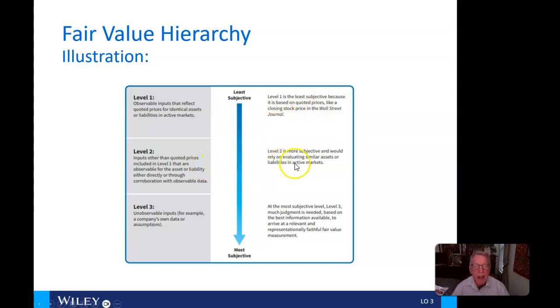Sometimes we don't have that, so we have to lean on something a little more subjective. Similar assets or liabilities in an active market. And then lastly, we have to maybe make some generations of our own assumptions in a more subjective way to arrive at a relevant and representatively faithful fair value measurement. It's the most subjective.